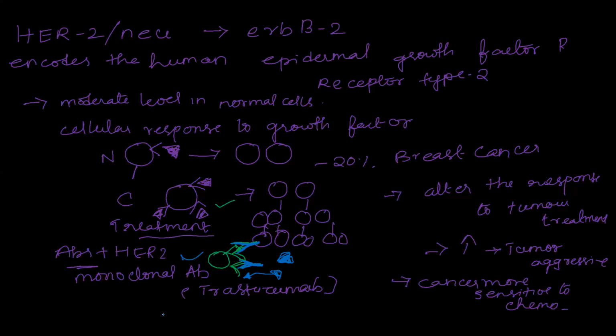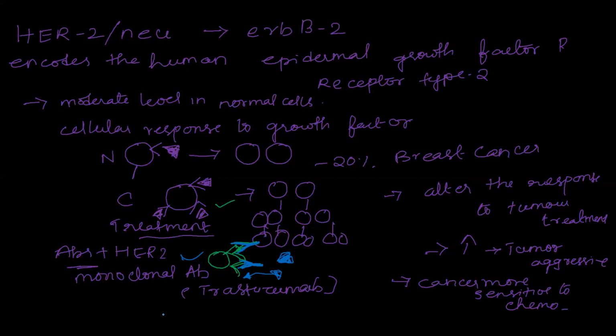So when you talk about HER2 or NEU, it codes for the human epidermal growth factor receptor type 2. This gene is present at a moderate rate, and it helps in our cellular response to growth factor. Normally your cells will have the receptor for this, and the growth factor will come and bind to it and help in the division of the cell.